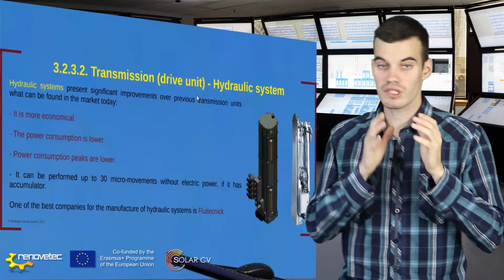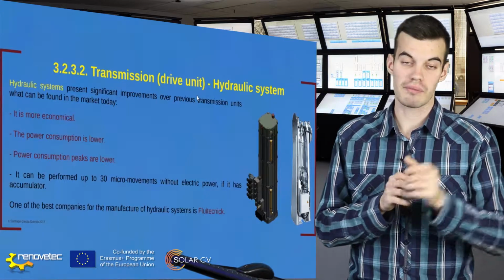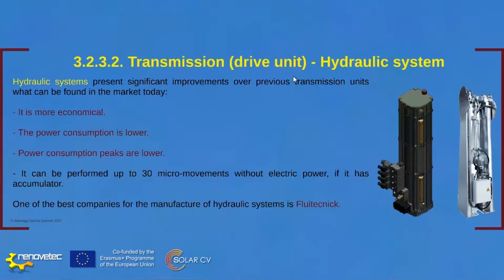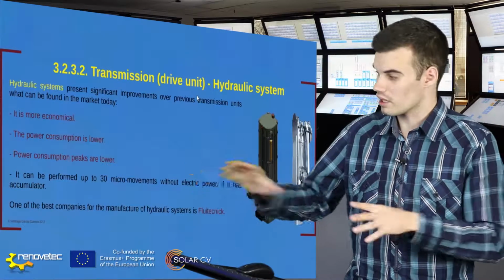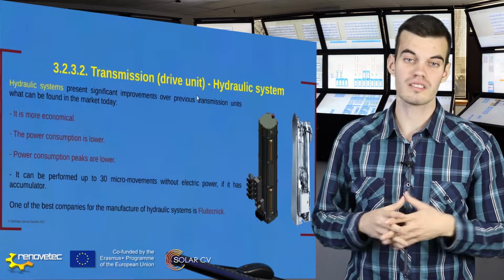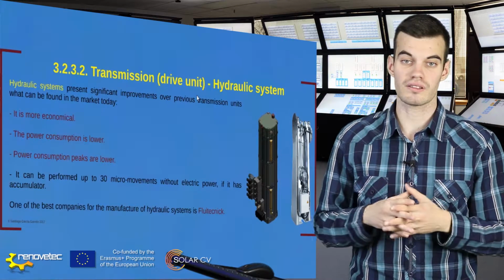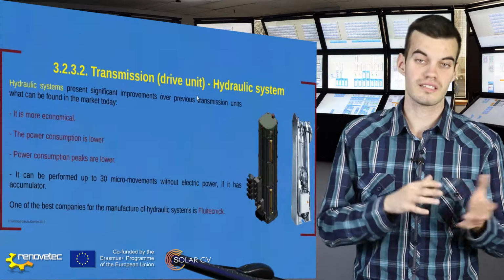For example, in this quick blur, the power consumption peaks are higher in electric engine than in hydraulic system. And the last advantage is that it can perform more or less 30 micro movements if the hydraulic system has got an accumulator, so the work range is very high.